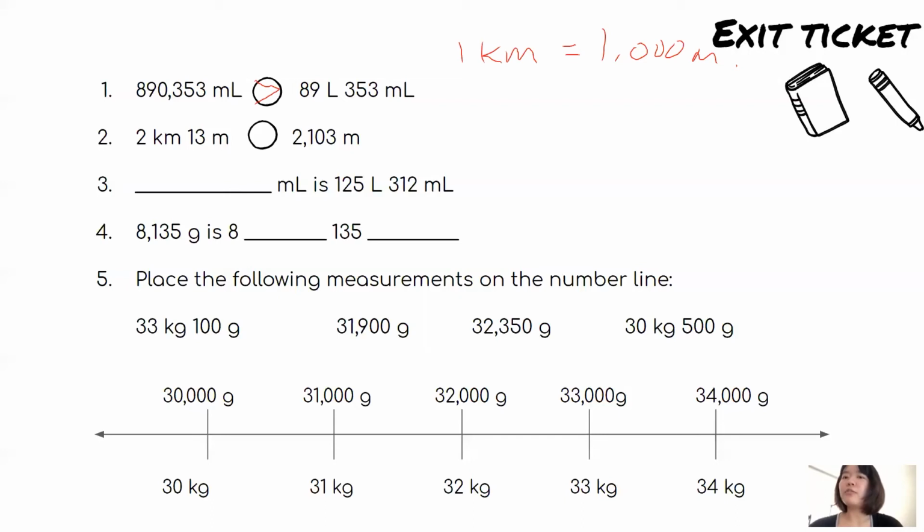For the first number, for 2 kilometers we have 2,000 meters, and we have 13 meters, and we just directly put 13 inside 2,000. So the first number is 2,013 meters, compared to 2,103 meters, and we know the second number is bigger. So the first one is less than.